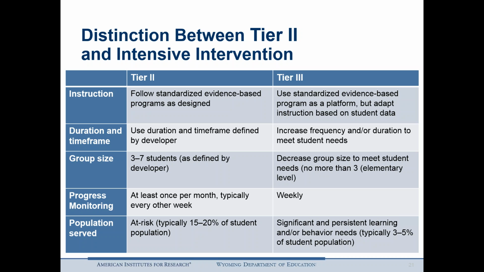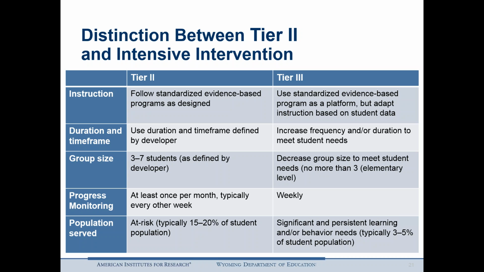While the instruction of a Tier II intervention follows a standard evidence-based program as it was designed, instruction at the intensive level involves adapting that standardized program based on an individual student's data. At the intensive level, intervention is typically made more intensive by increasing the frequency or duration of the instruction or decreasing the group size to meet the student needs.